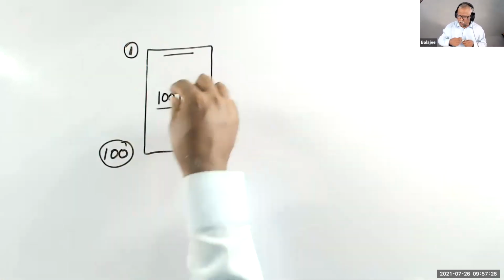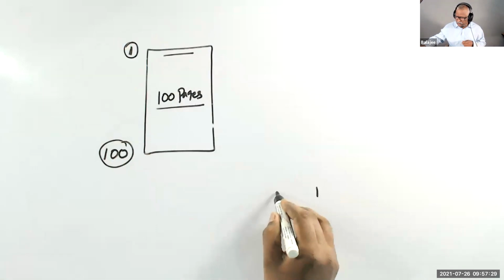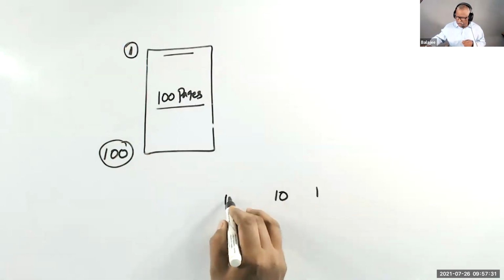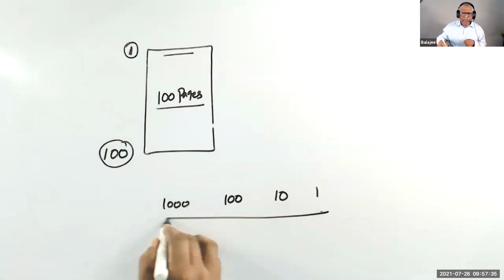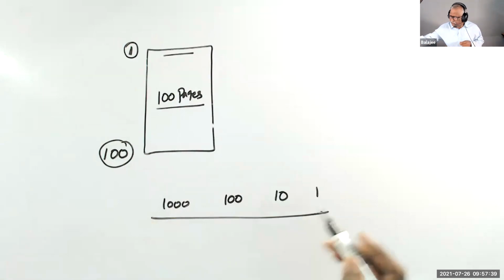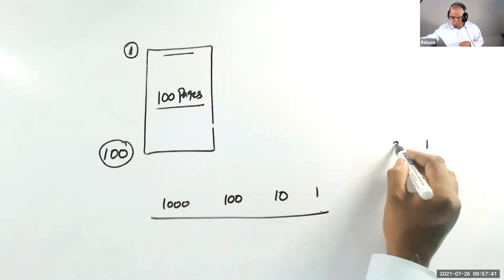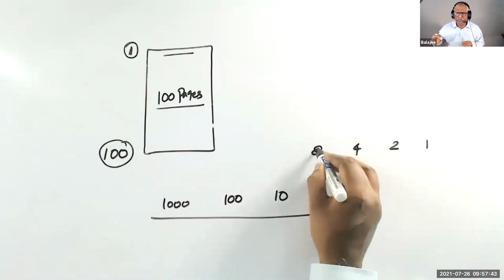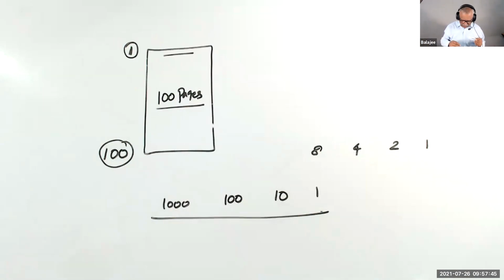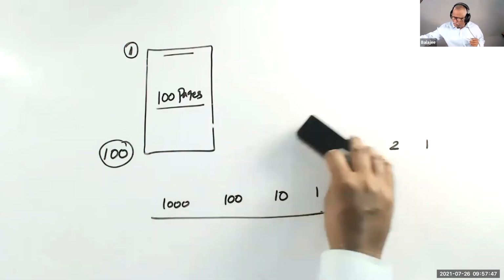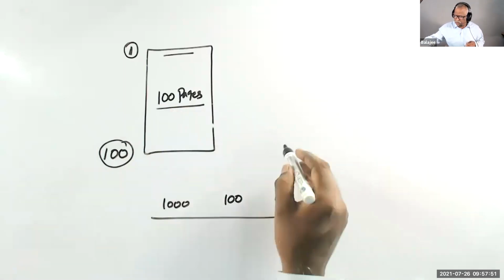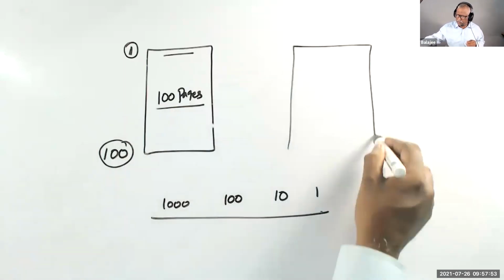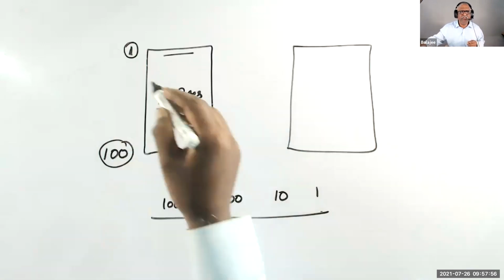For us, 1, 10, 100, 1000, these are all in decimal. In binary, we have 1, 2, 4, 8. Am I right? So it's the same thing if I have to write a 100-page notebook in binary.